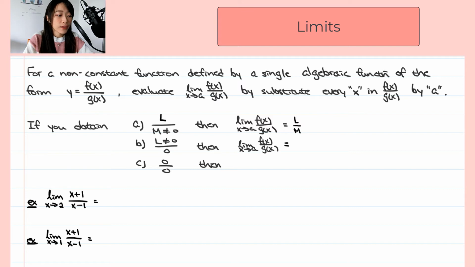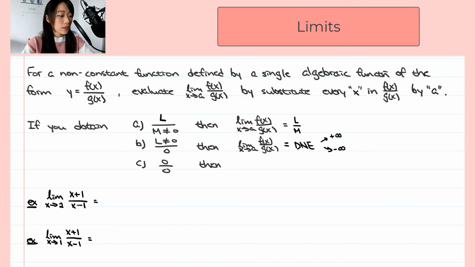However, in the second case, we can have a non-zero number in the numerator and 0 in the denominator. And we know that we can never have 0 in the denominator in a fraction. So this limit does not exist. More specifically, this limit is either positive infinity or negative infinity.